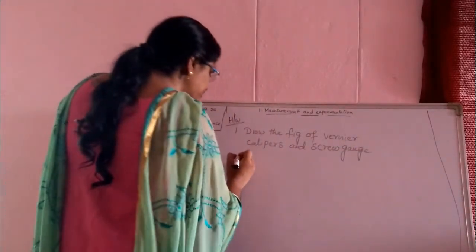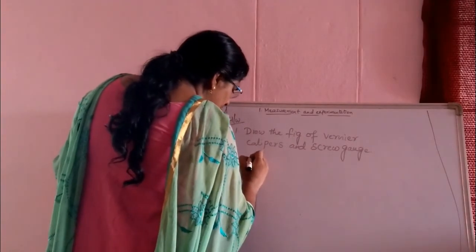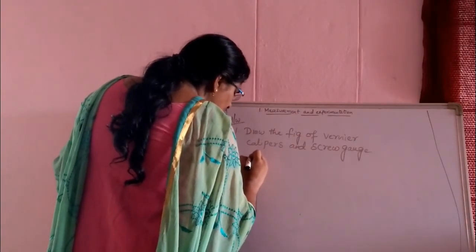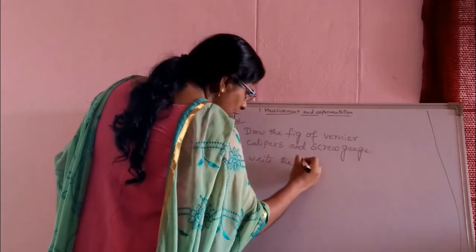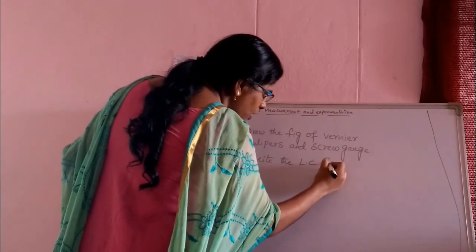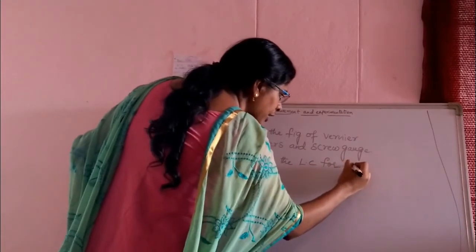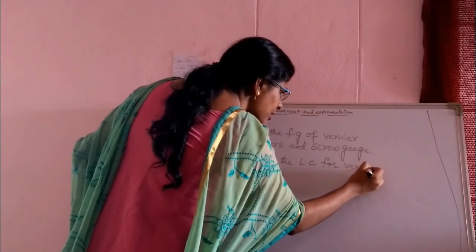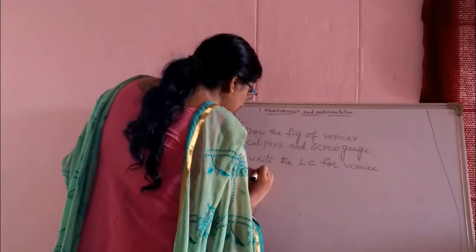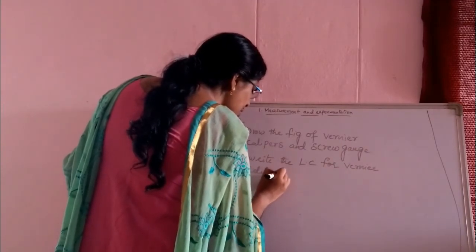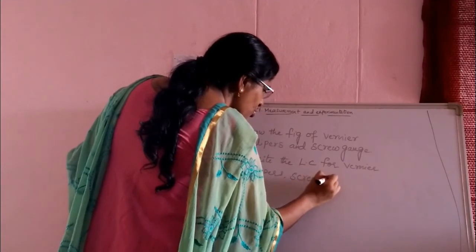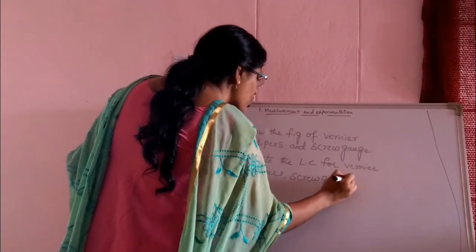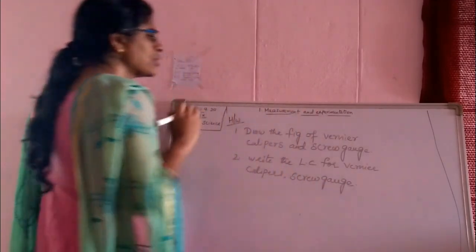Okay, and write the least count for vernier calipers and screw gauge. Okay children, this is the homework for you.